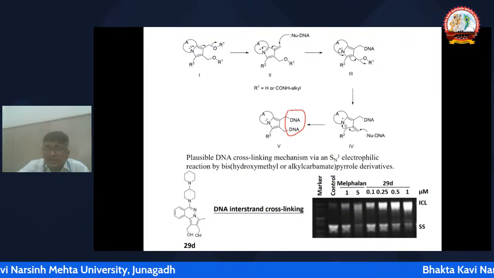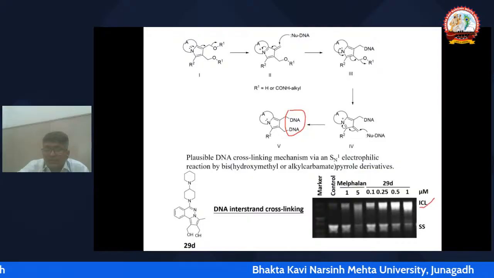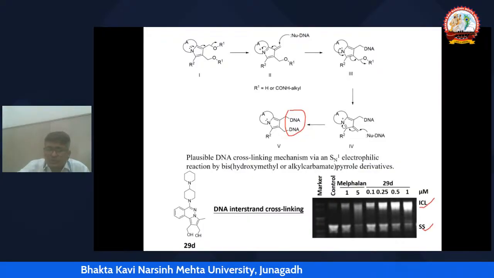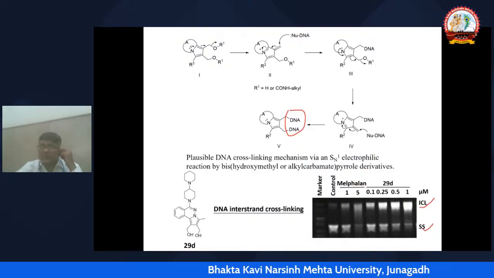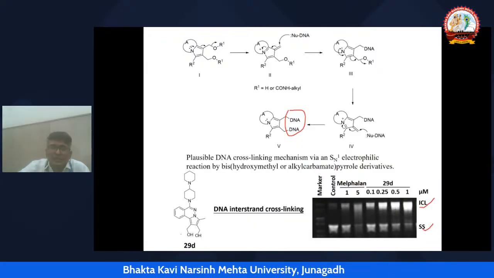Here we can see that this is ICL, interstrand cross-linking. This is single-strand cross-linking. Here the first one is a marker, the second one is a control. We have taken melphalan as a standard molecule and we have checked this 29D.